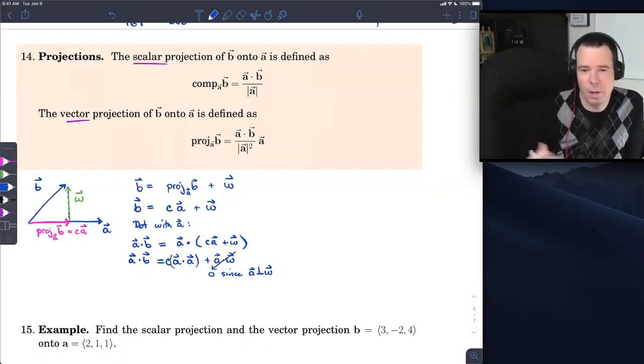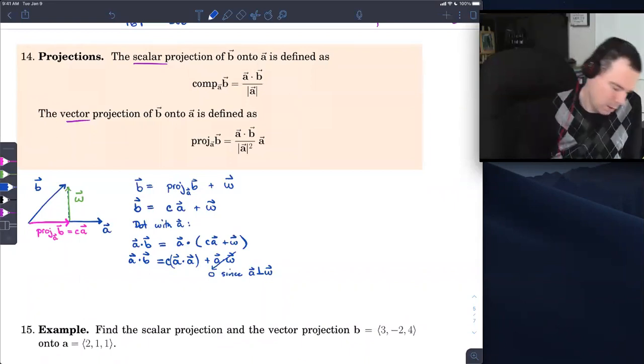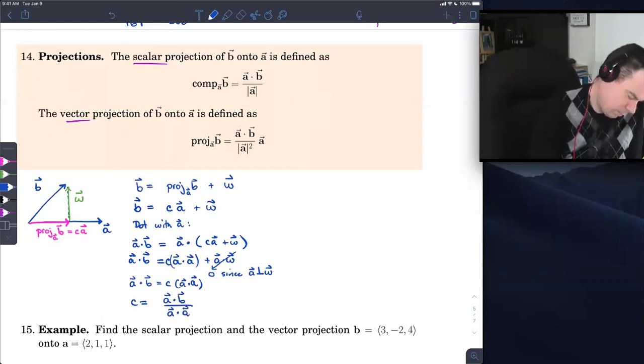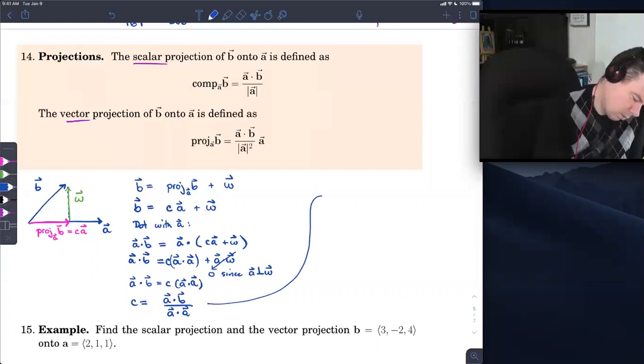All right, that's how we define W. We first found the projection of B onto A, and so then when we took B minus that, we got a vector that was perpendicular to A, which we called W. And so that means then that we've got an equation which we can now solve for C. C is equal to A dot B over A dot A. I'll just continue this on over here.